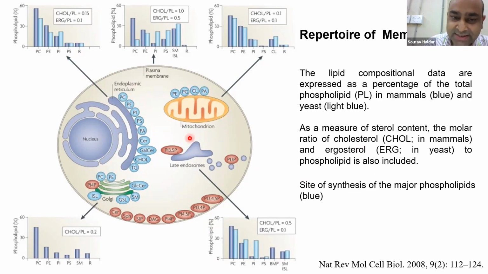This slide also shows that most of the lipids are actually synthesized in the inner organelles. For example, either the endoplasmic reticulum or Golgi, or sometimes some of the conversions between PIP1s to PIP2 also happen in late endosome. From there, the lipids are transported into the plasma membrane. So the plasma membrane is not a site for lipid synthesis.